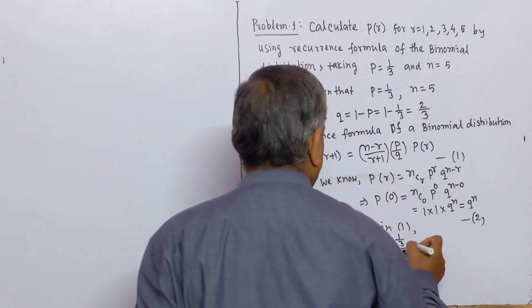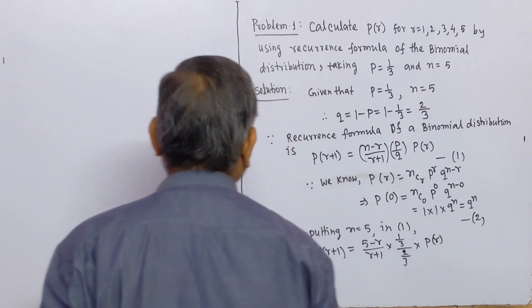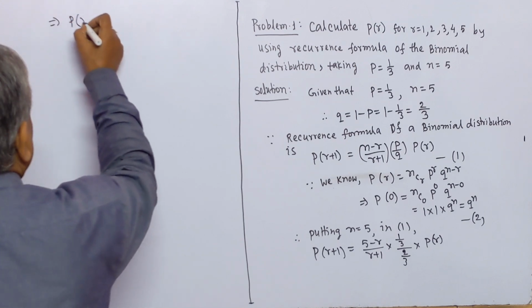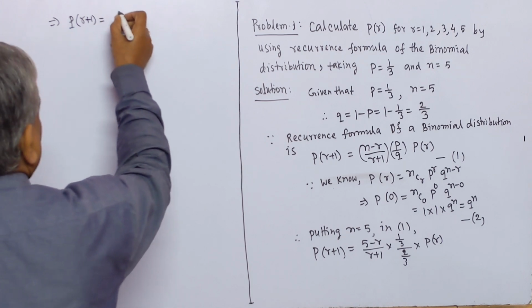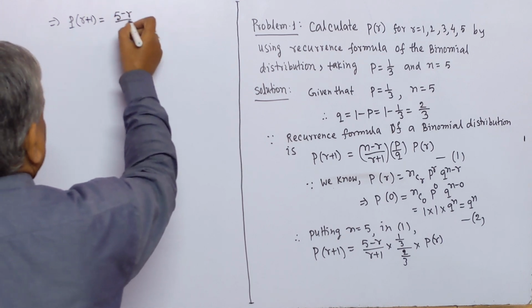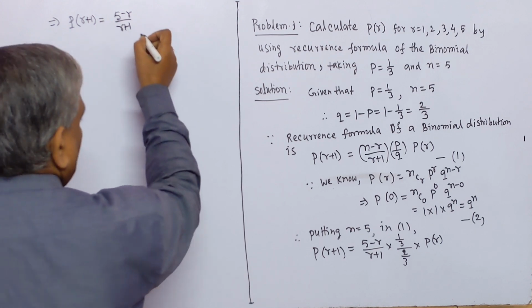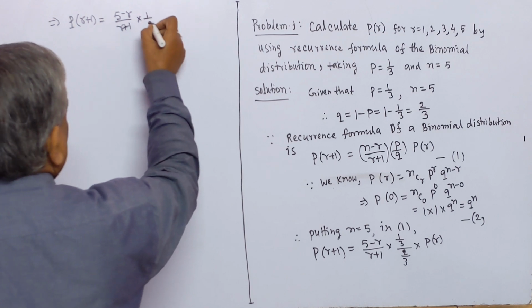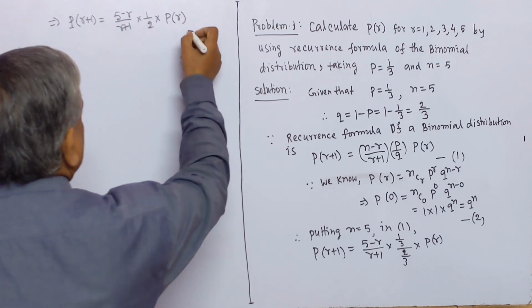Multiply P(r). This implies that P(r plus 1) equal to (5 minus r) by (r plus 1), here 1 by 2, P(r). This is number 3.